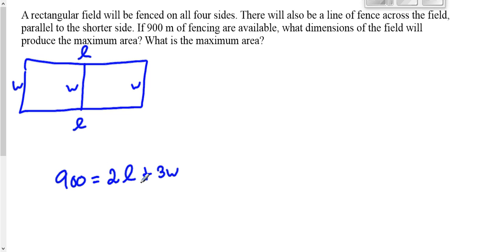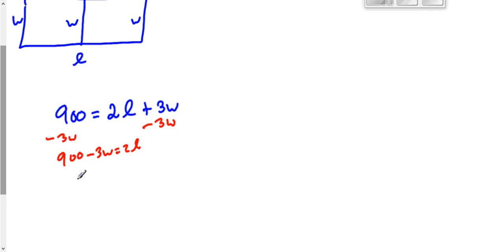To me, I'd rather have everything divided by 2 rather than everything divided by 3, because dividing by 3 you have a lot of repeating decimals. So I'm going to subtract 3W. That gives me 900 minus 3W equals 2L. Divide everything by 2. And so L is equal to 450 minus 3 halves W.